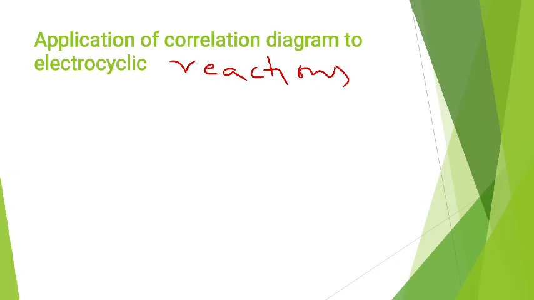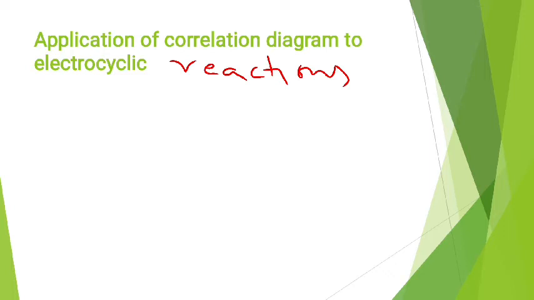The electrocyclic reactions are reversible reactions. If the substrate is in a ring structure, then the product must be in an open chain structure. That means ring opening takes place to form an open chain compound.